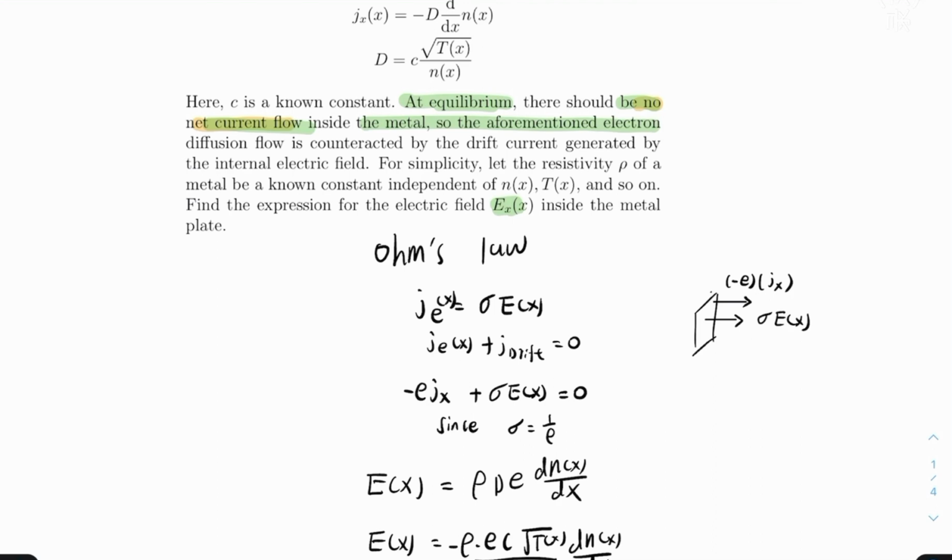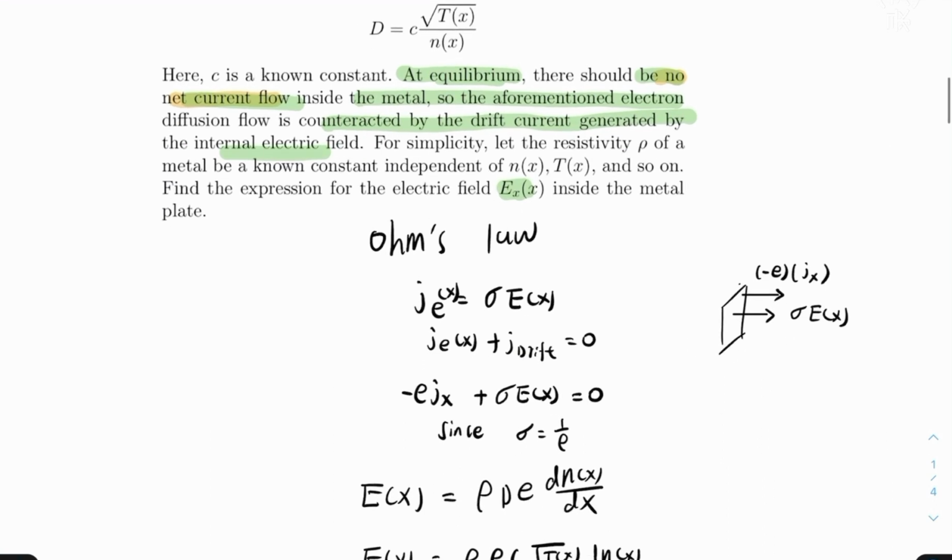So the aforementioned electron diffusion flow is counteracted by the drift current generated by the internal electric field. So that means we will have this equation over here. And using Ohm's law, we can see that the drift current generated by the internal electric field is actually equal to this.